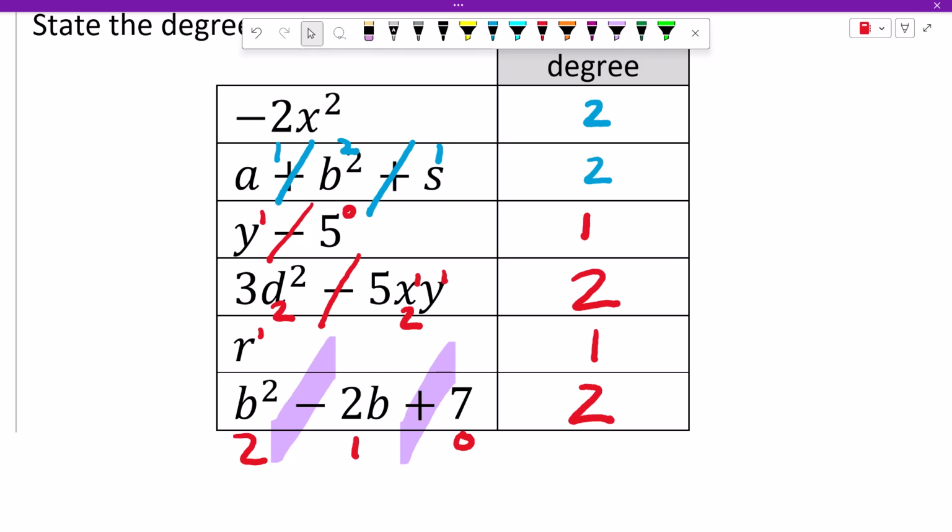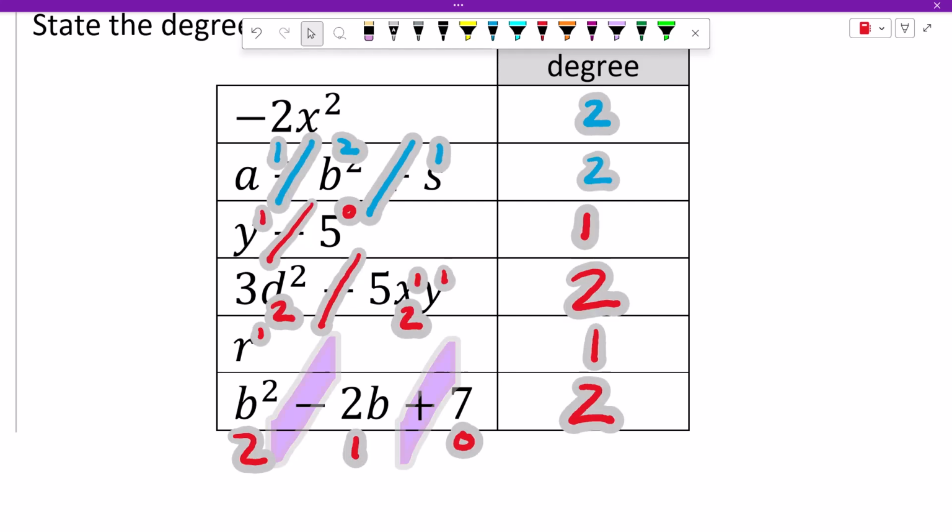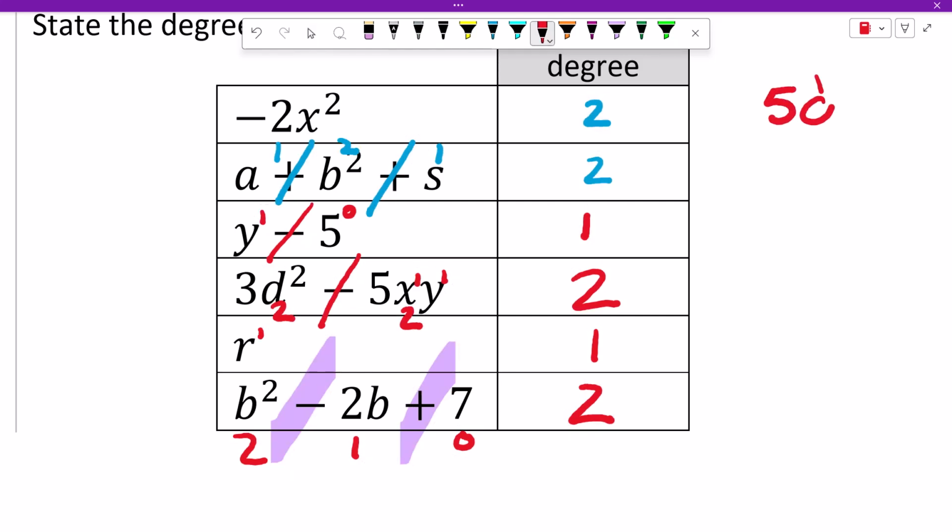If I take an expression like 5d squared, and I ask what's the coefficient of this? We talked about this back in the exponents unit. The 2 would be the exponent. The d would be the variable. The 5 is your coefficient.